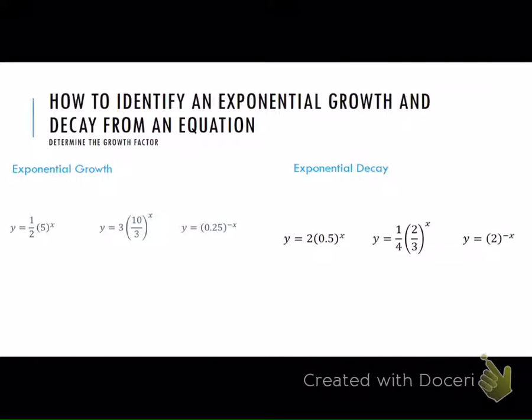Okay, so how do we know it's exponential growth? In y equals ab to the x, b is bigger than 1. So if b is bigger than 1, we know it's growth. You must have a positive exponent to determine this.